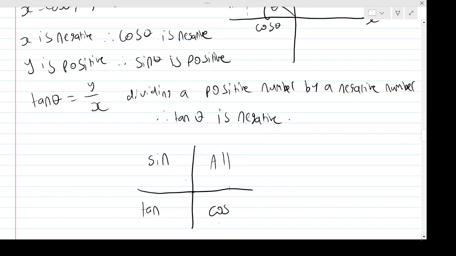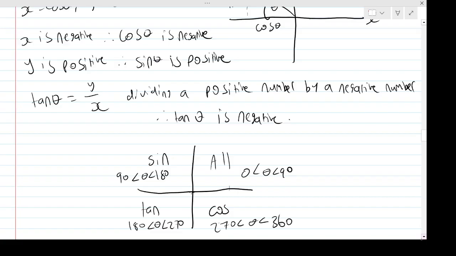So the positive trig functions in the angles in the quadrant: remember the first quadrant is between 0 and 90. The second quadrant here is between 90 and 180. The third quadrant down here is between 180 and 270, and the last quadrant is between 270 and 360.